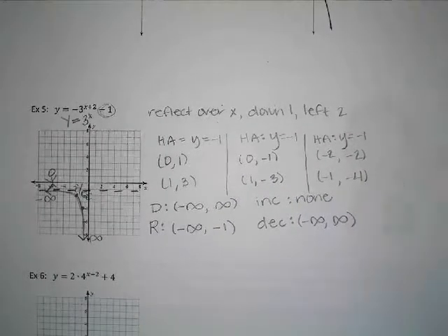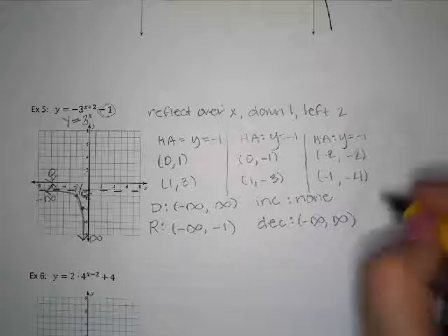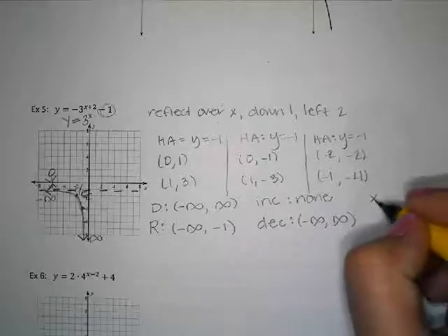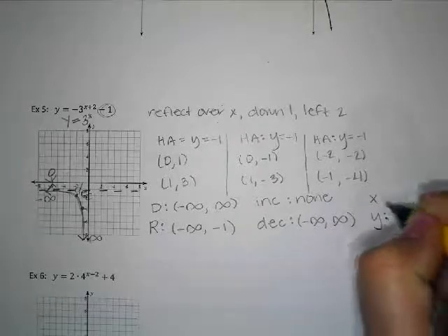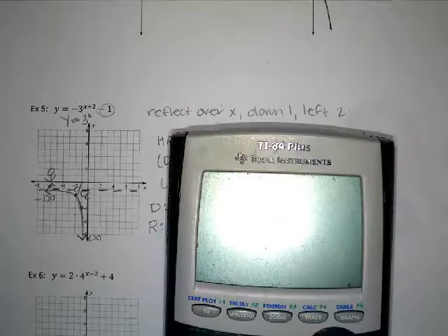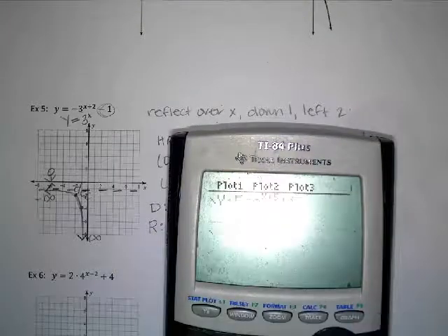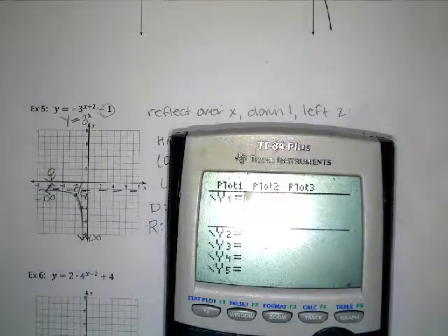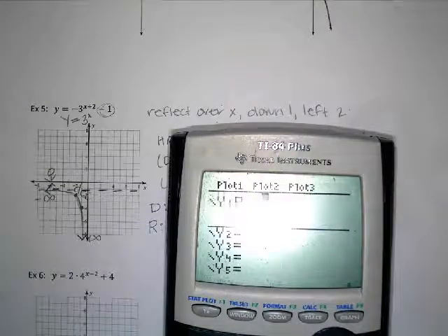I need my x and y intercept. Okay, negative 11, and we got that just from plugging in 0. I'm going to plug it in real fast to make sure that everybody knows how we got that.